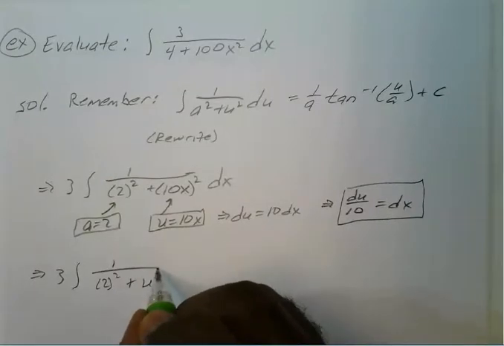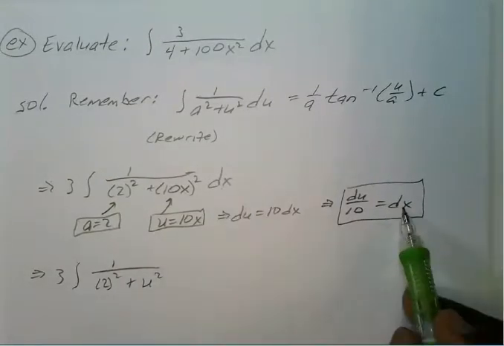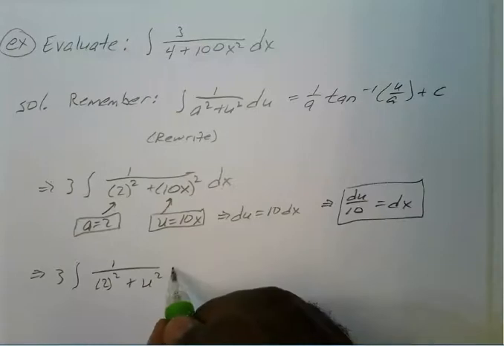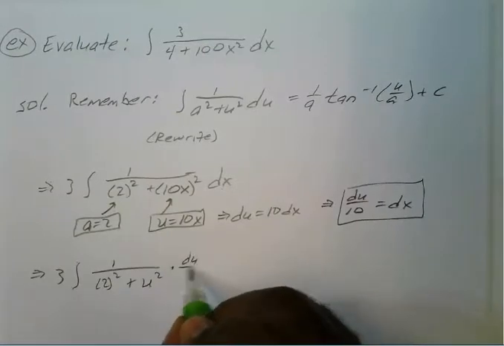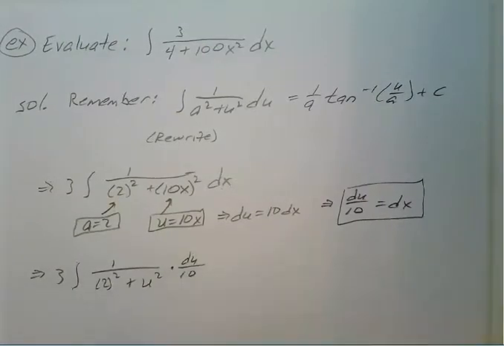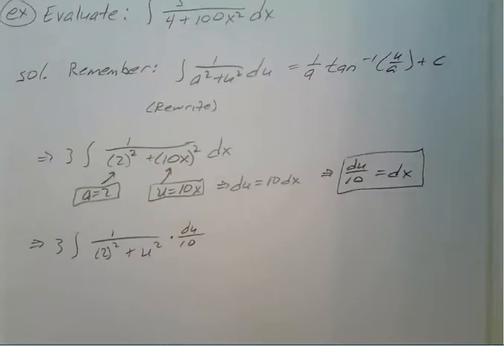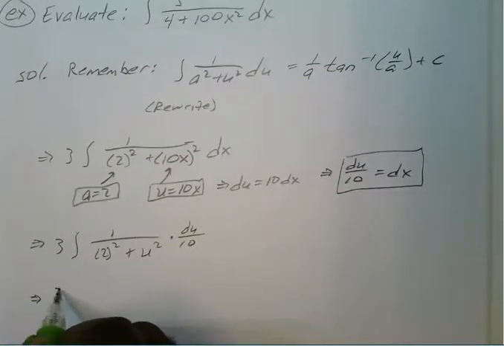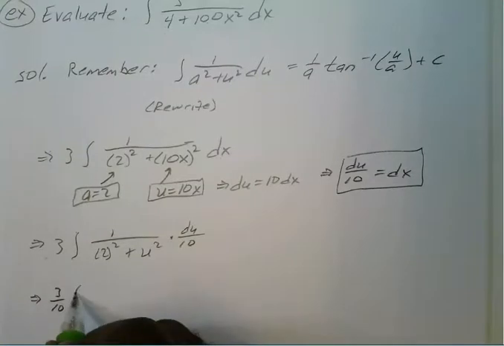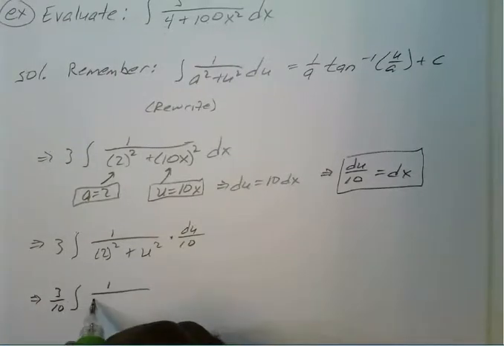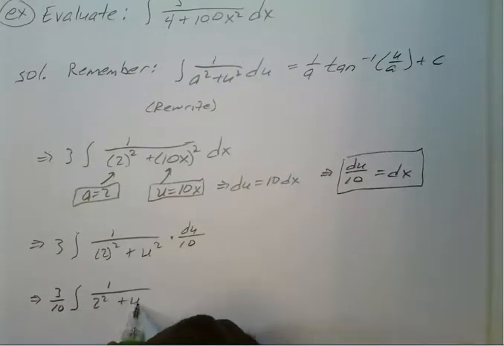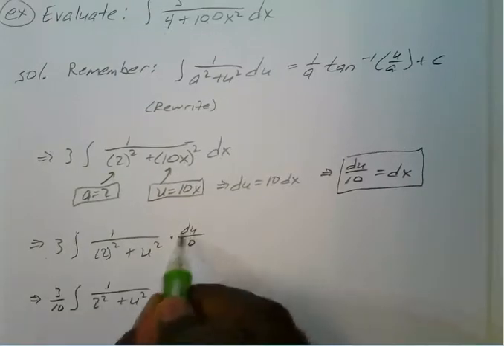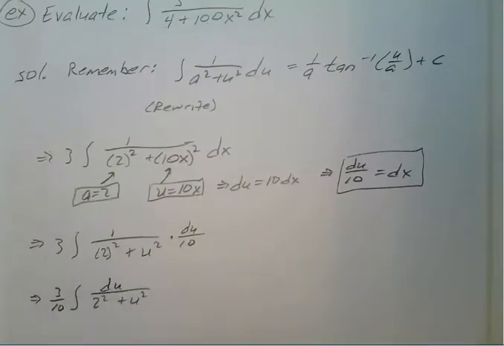I just put u squared. And dx, since dx is equal to du over 10, we have du over 10. All right, so we're going to go ahead and get that 10 and just bring it out to the front here. So we have 3 over 10 times the integral of 1 over 2 squared plus u squared, and that du, we're just going to move it right here.